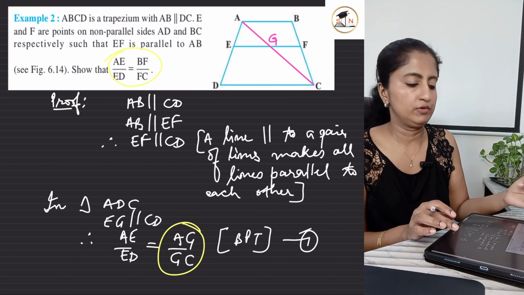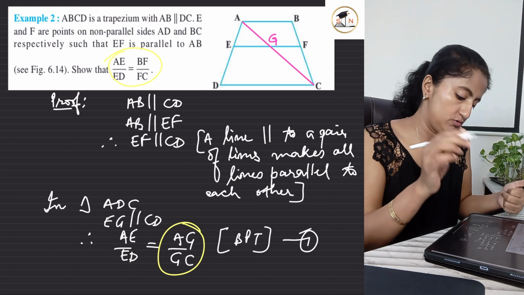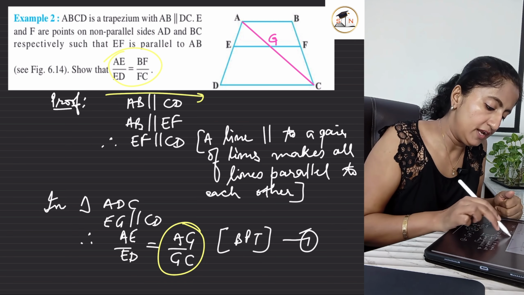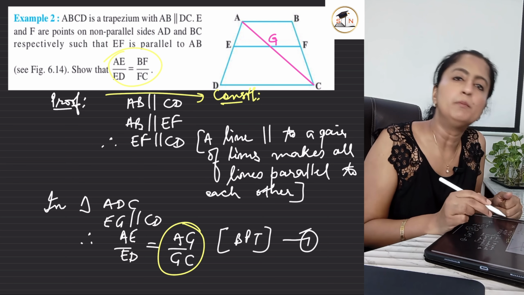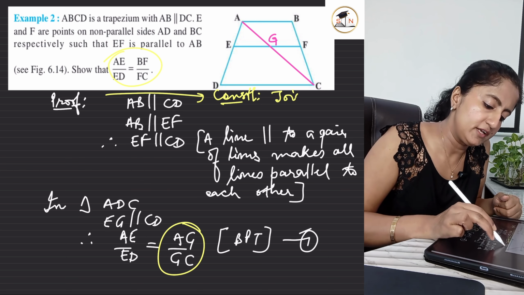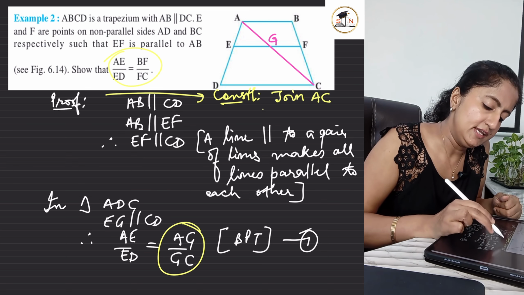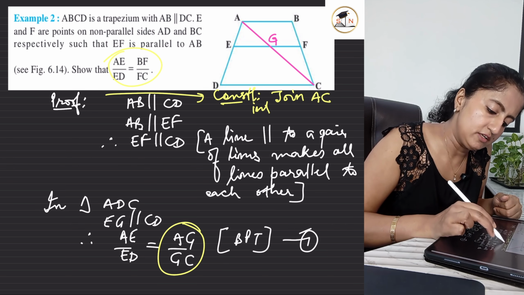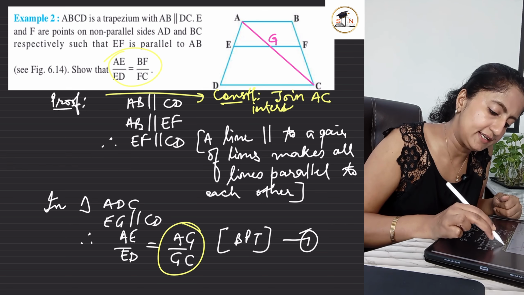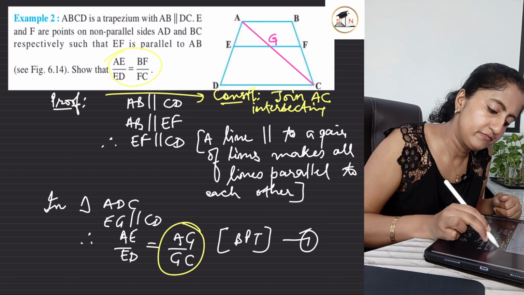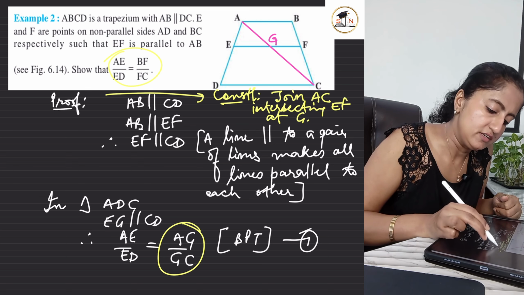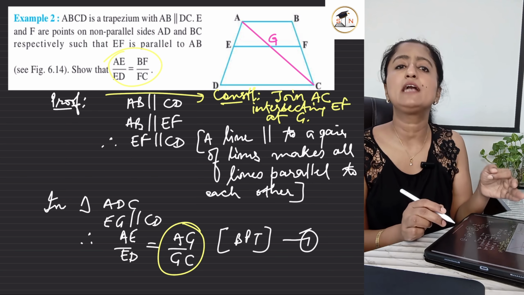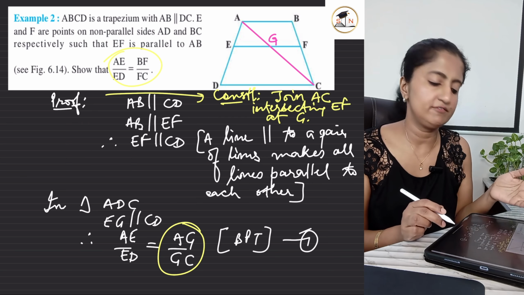We just did a construction over here. Oh, that actually reminds me, we needed to write down the construction before we had started the proof. You will write: join AC intersecting EF at G. Guys, anyone can forget that.